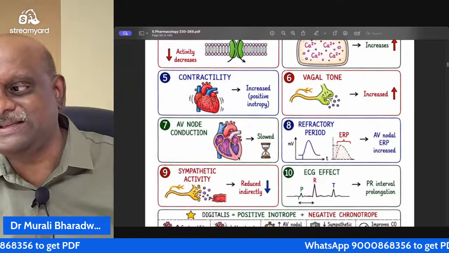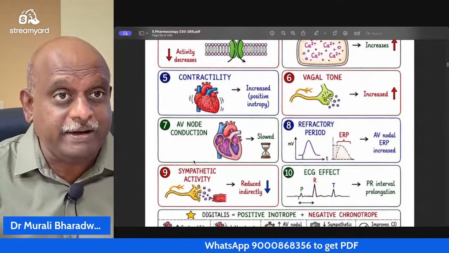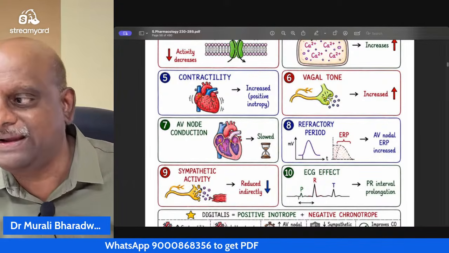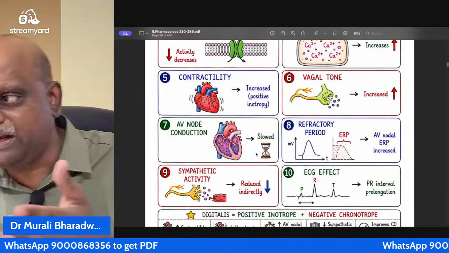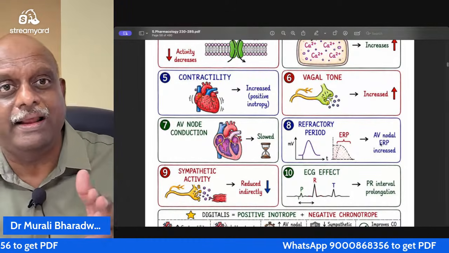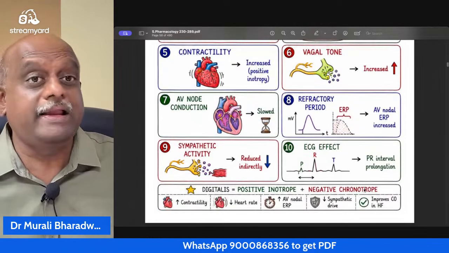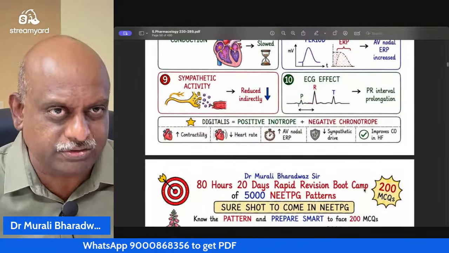That is what you have to remember. So it is vagomimetic, but it indirectly decreases the sympathetic activity. Being vagomimetic, it will cause AV conduction to slow. It will increase the AV nodal effective refractory period. And there is a prolongation of the PR interval because of digoxin.